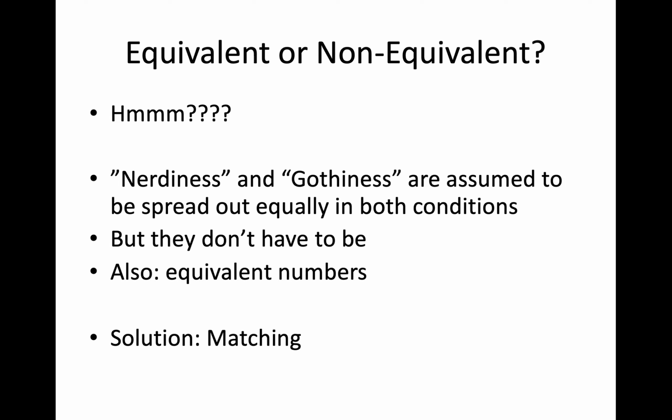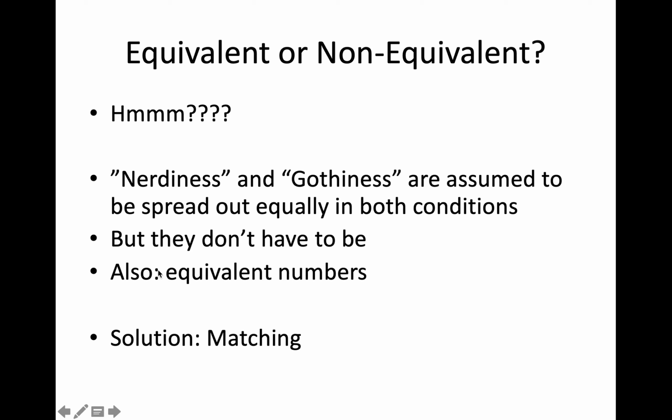Now, when we're flipping a coin, we expect that nerdiness and gothiness are spread out equally in both conditions, but they don't have to be. They can randomly be placed all in one group. If all the nerds go in one group and all the goths in the other, that's just the way it goes. So to take out that possibility, the solution is matching.